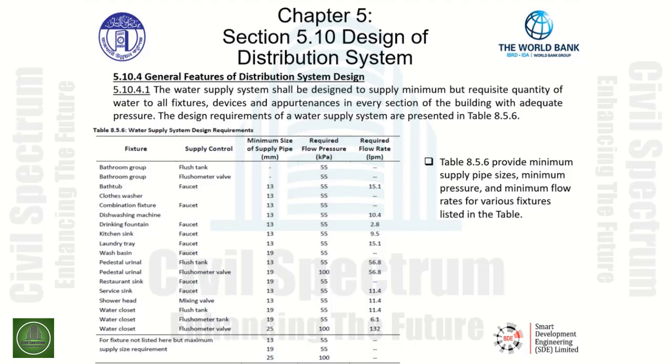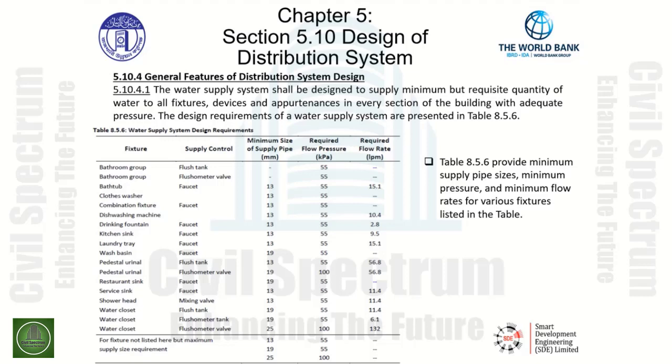And for the kitchen sink, we see in this case the minimum size of supply pipe cannot be any smaller than 13 millimeters. The last column gives the minimum or required flow rate in liters per minute.